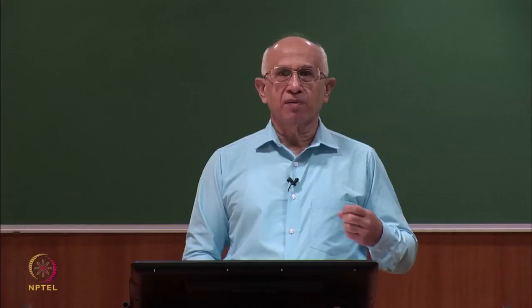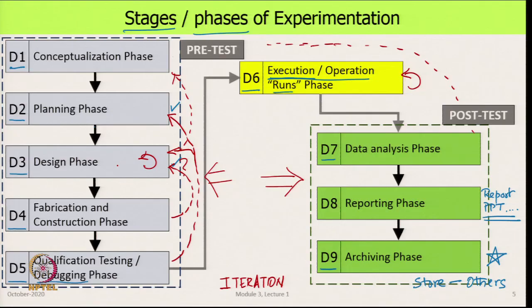Its most extensive and detailed use comes here in the design phase, then in the qualification and making up of the test plan, and of course, in the data analysis phase. These are extensive uses of uncertainty analysis.